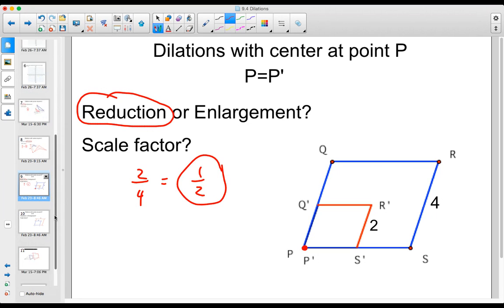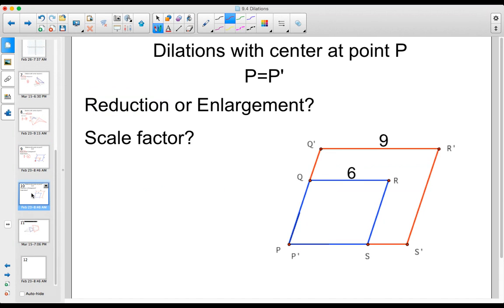Okay, 2 more. Here we have another one where our center of dilation is located on the figure, and it looks like it's going to be an enlargement because it goes from the blue to the red, Q to Q prime. So we have an enlargement. Take the prime length over the starting length.